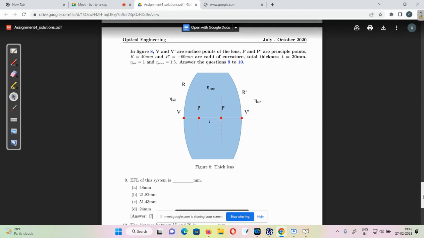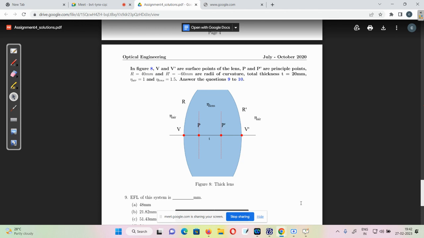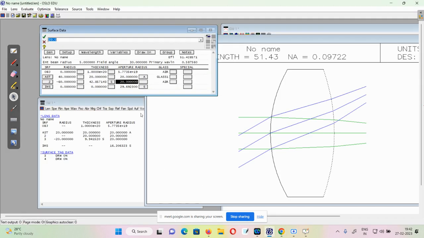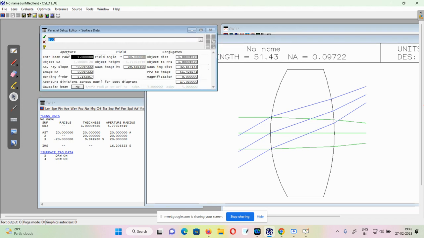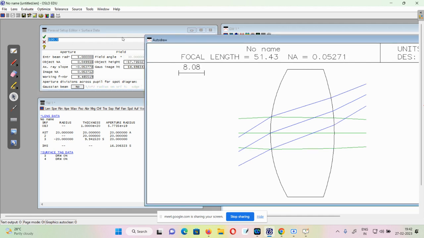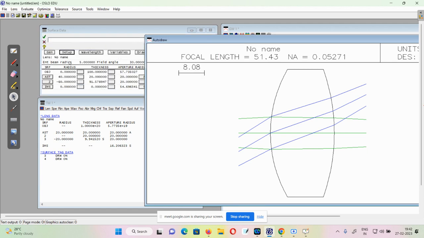Okay, so what I am going to do is put the object at a particular distance. It's an easier method. So I'm going for this setup. This is a very high distance. I'm going to put some 100. Accepted.